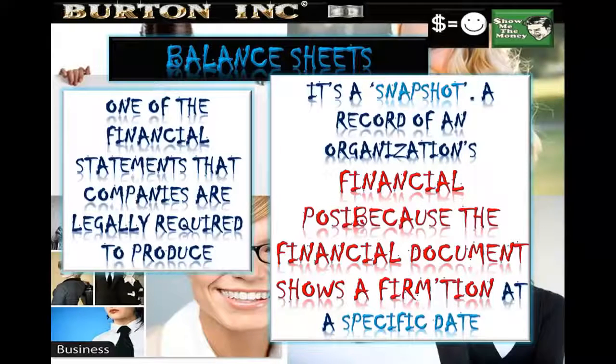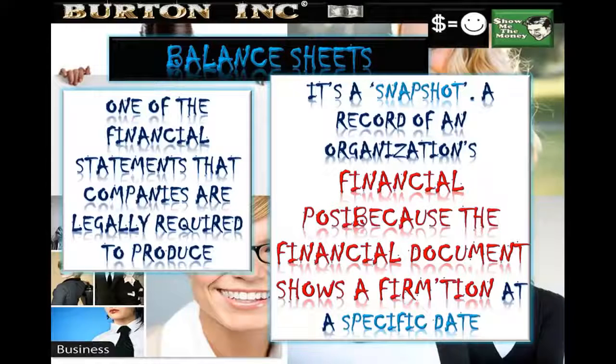Typically a balance sheet is produced for a year, so we get a look at not what has happened, but where the business is at the end of that time period when they're required to produce the balance sheet. Okay, it's a snapshot.